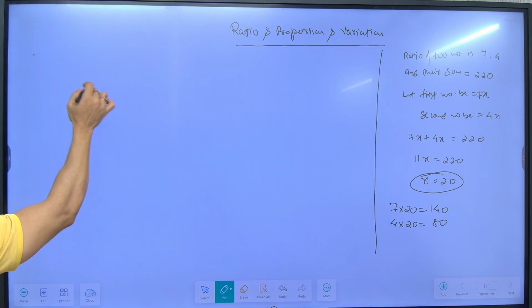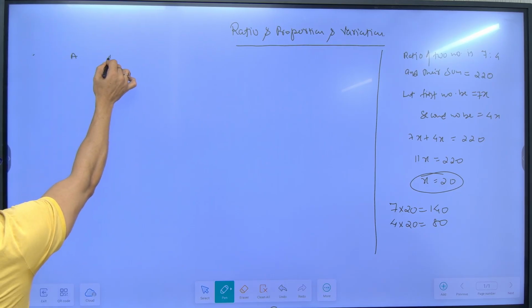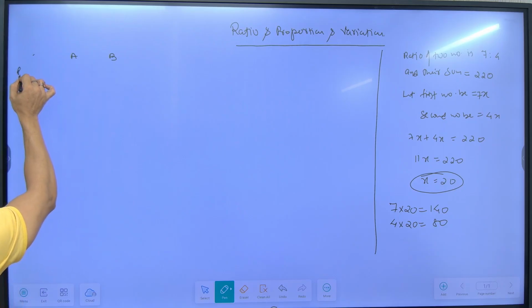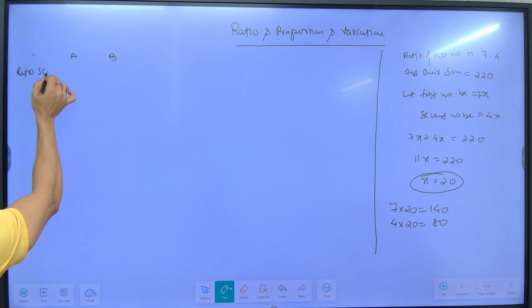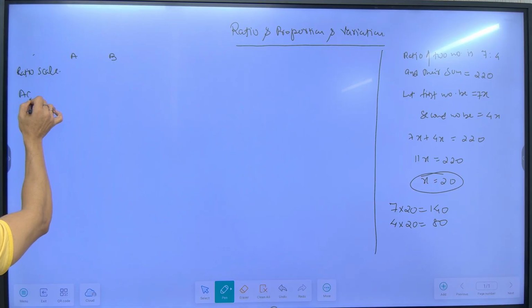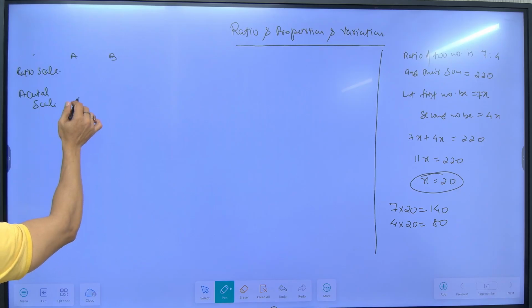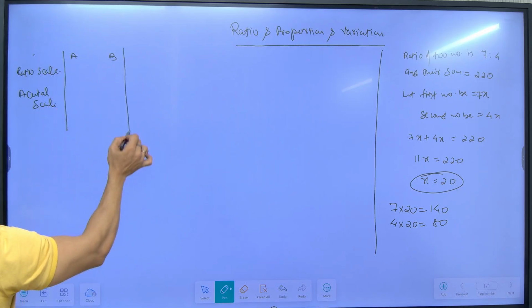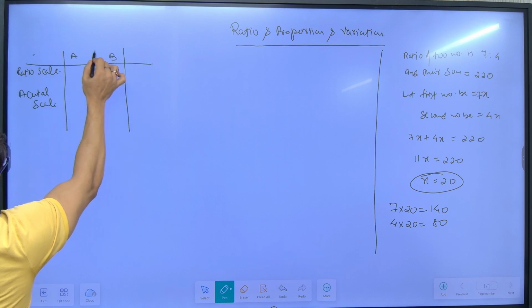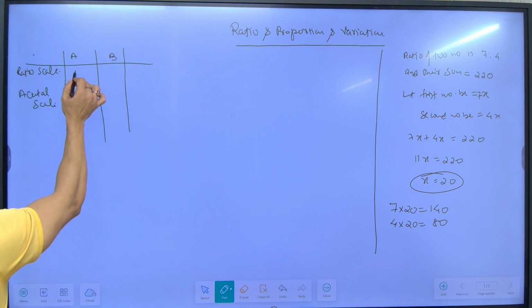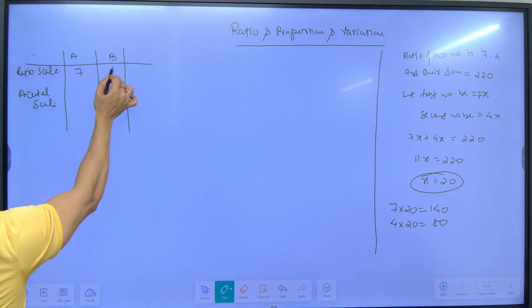Like in this question, what is given? There are two numbers, A and B. So you write ratio scale and actual scale. On ratio scale, these numbers are in what ratio? 7 and 4.